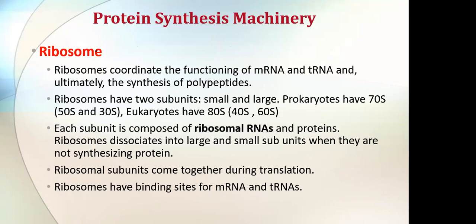Protein synthesis occurs in the ribosome. Okay, so the ribosome has 2 units, one large subunit and one small subunit. For eukaryotes, the large subunit is called 60S and the small subunit is called 40S. But for prokaryotes, it is 50S and 30S.